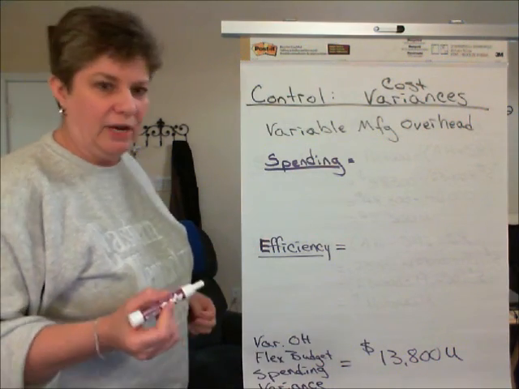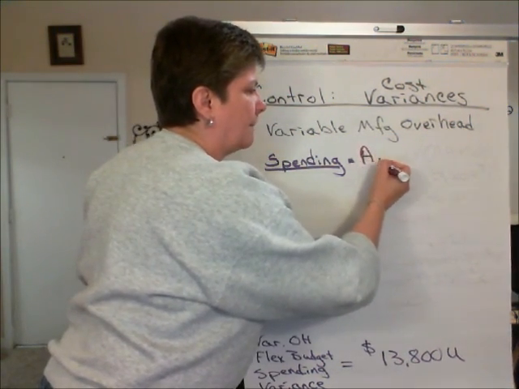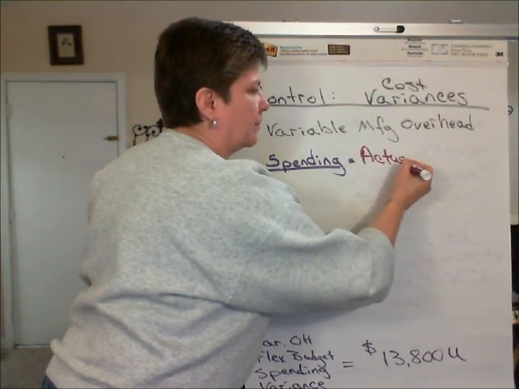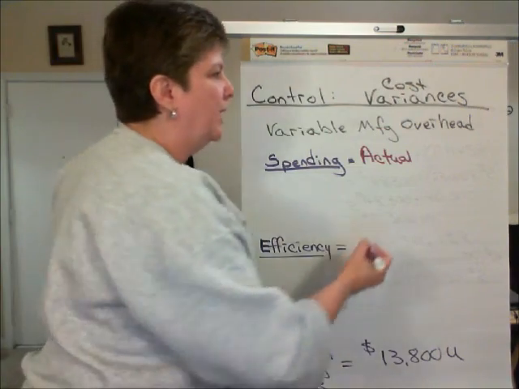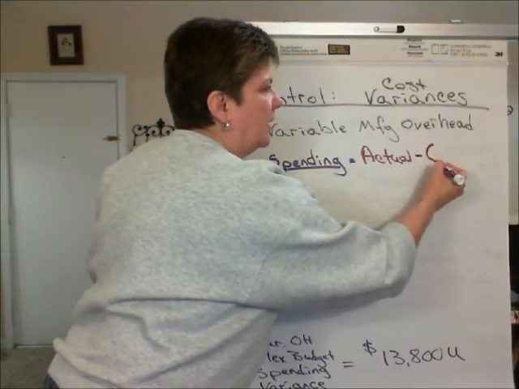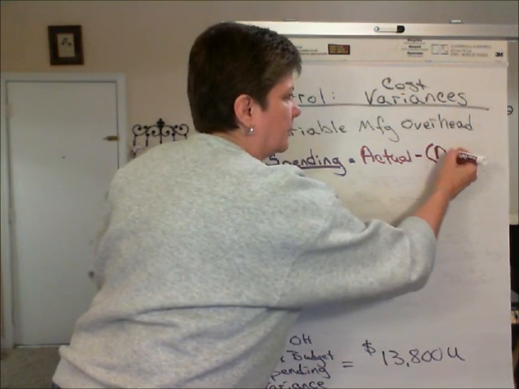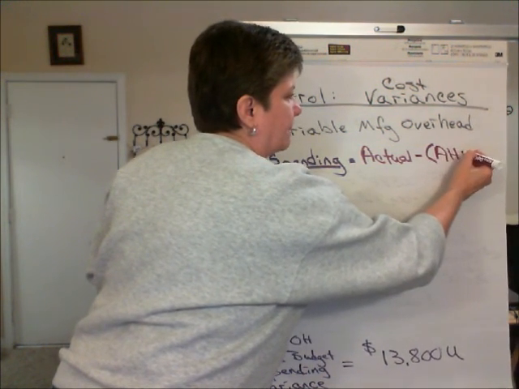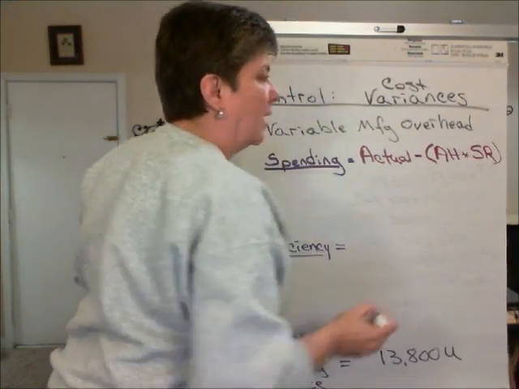The spending variance compares actual variable manufacturing overhead costs with the actual hours worked times the standard rate.